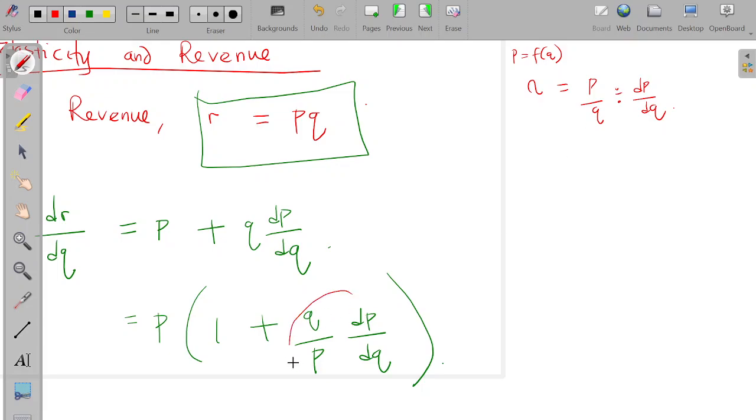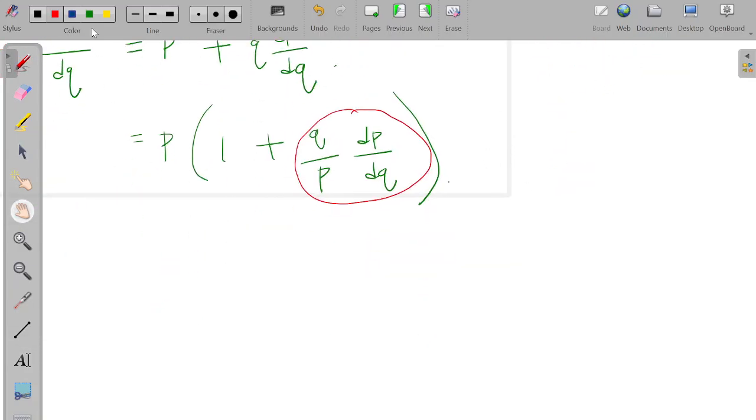Now, if you look at this, it is almost like this, only that now this is Q over P. So that shows we are having 1 over what we have here. Okay, so if I replace it with what we have there, then this becomes P times 1 plus 1 over our point elasticity of demand.